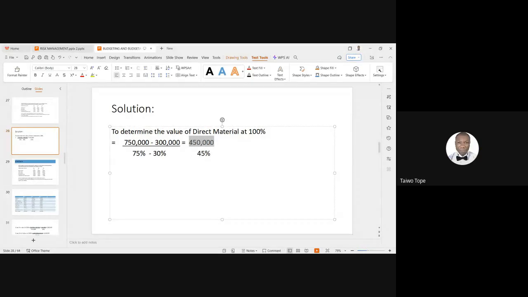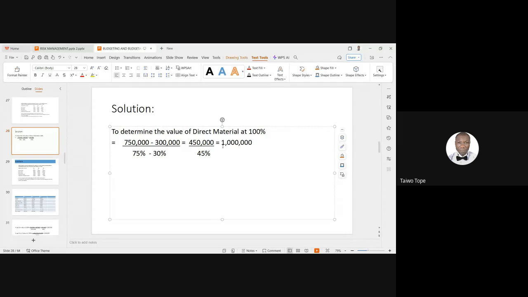When you divide 450 by 45%, you have 1 million. It means the value of direct material at 100% will be 1 million.